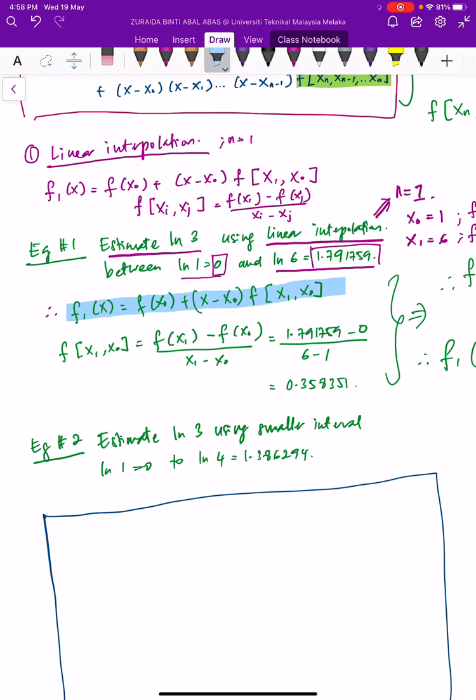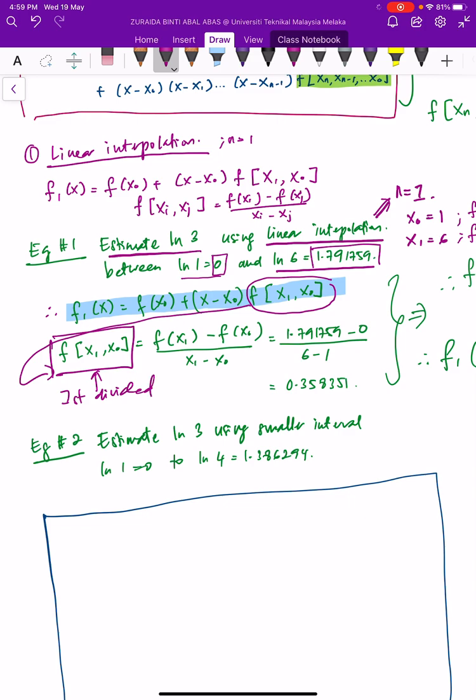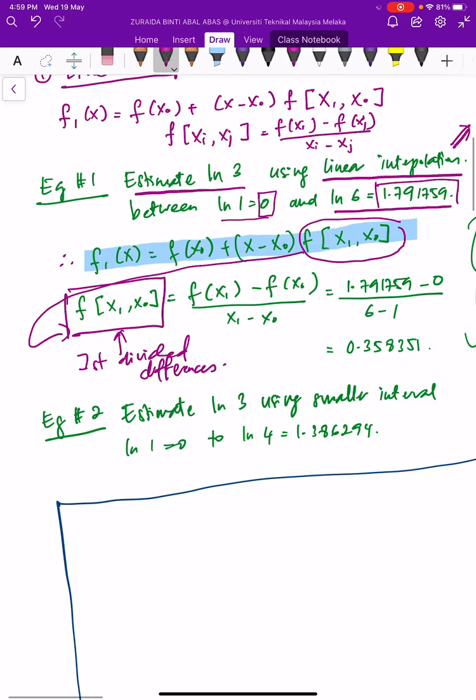Here again, this is your first divided difference. How you find this first divided difference is simply by using this formula here.